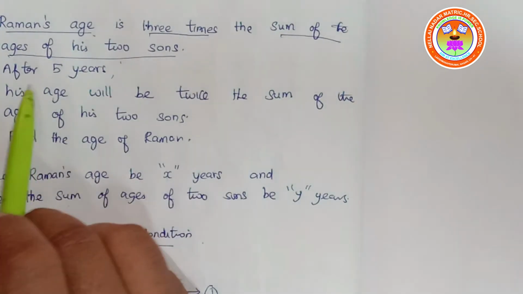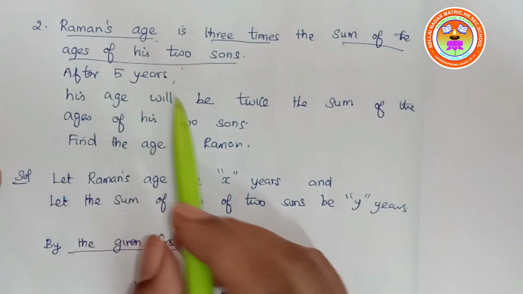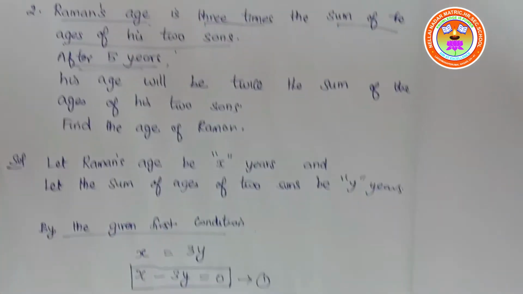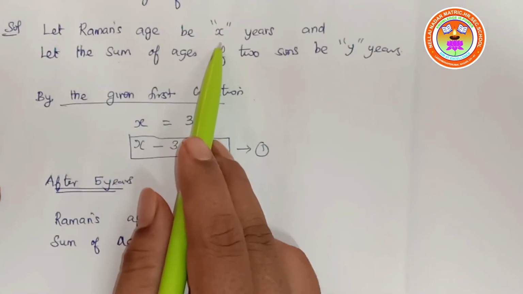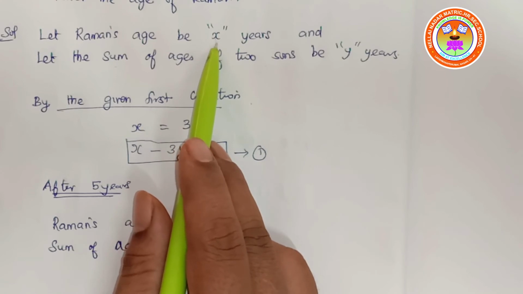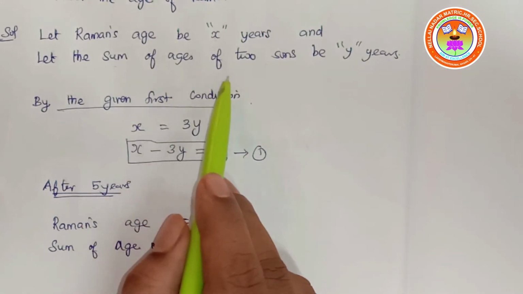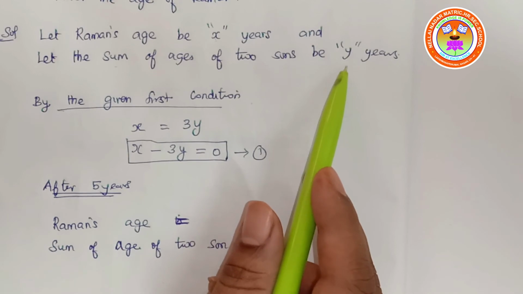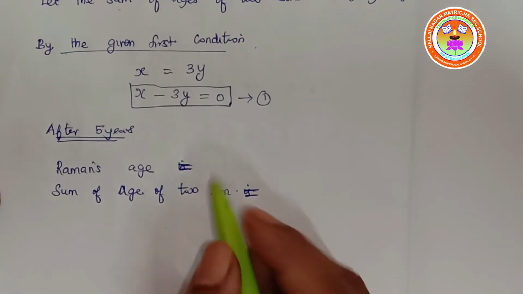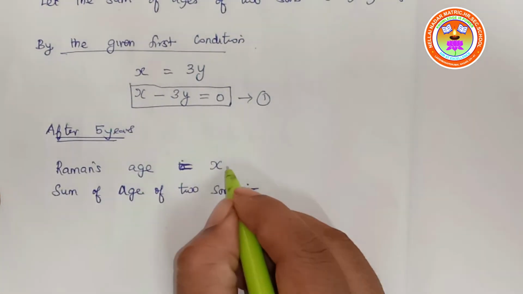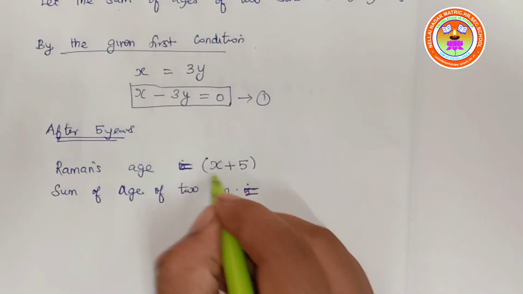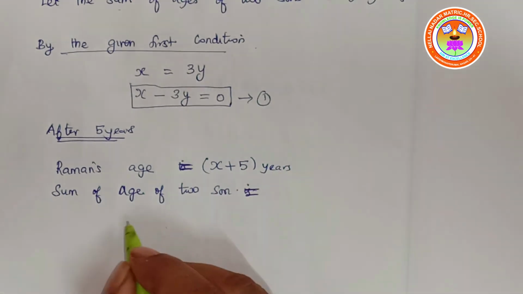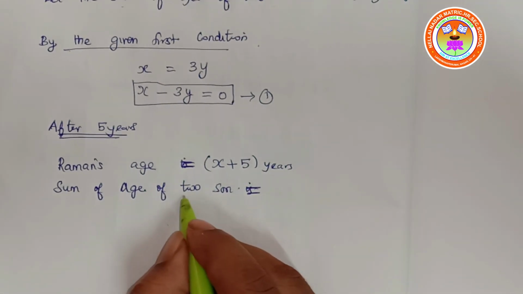See, children, after 5 years. So after 5 years, what happens? Actually, Raman's age is x years. Okay, before 5 years, Raman's age is x years. Sum of the ages of two sons is y years. So after 5 years, Raman's age is x plus 5. So x plus 5 years. It's clear, children. Sum of the ages of how many sons?